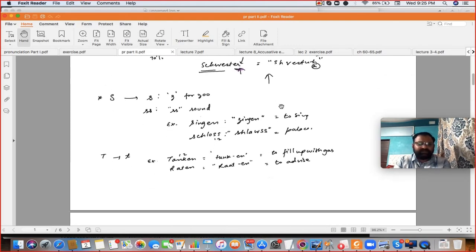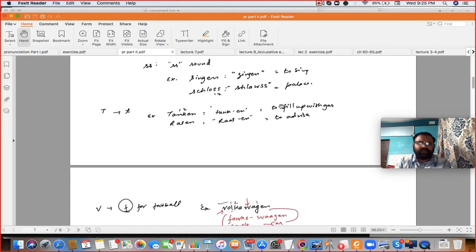Schwester. Zingen. Then Schloss. Zingen. Schloss. Tanken. Rotten.